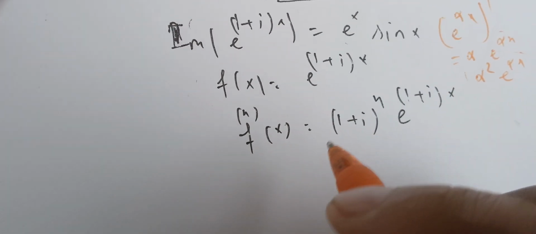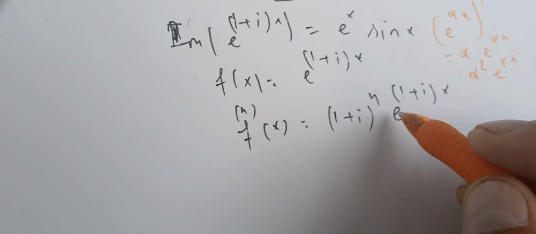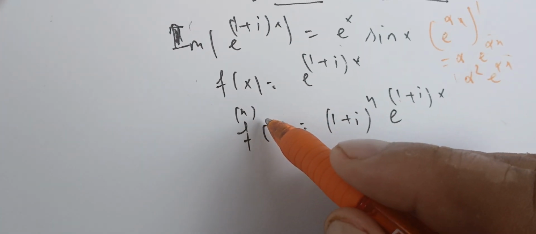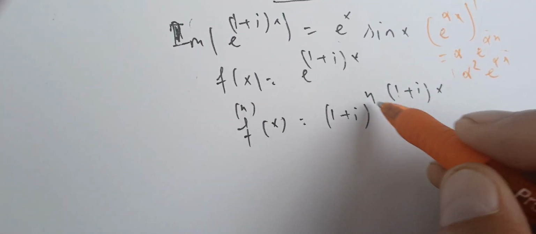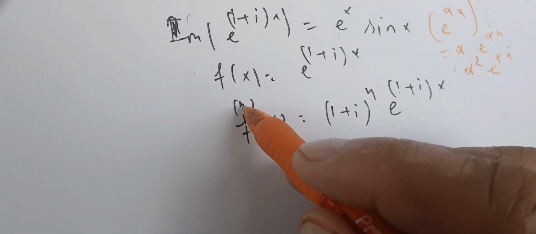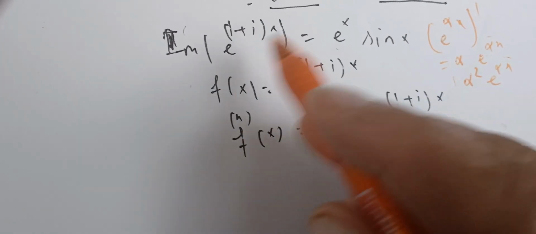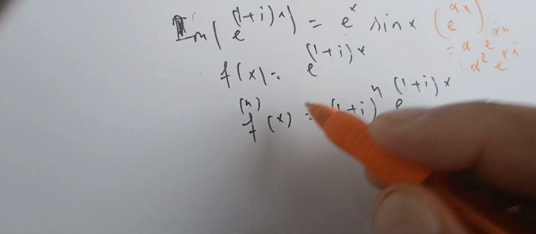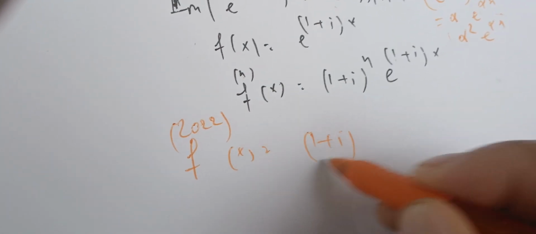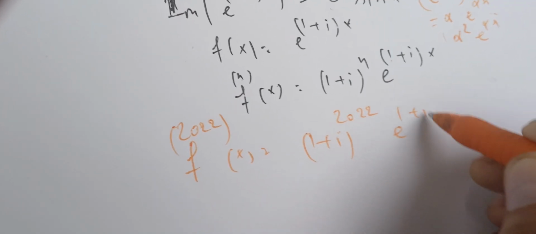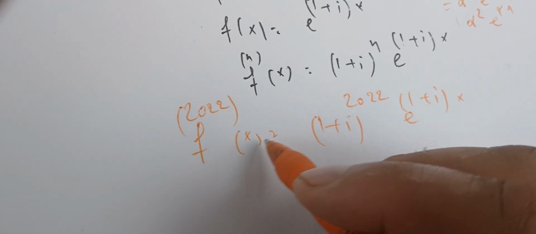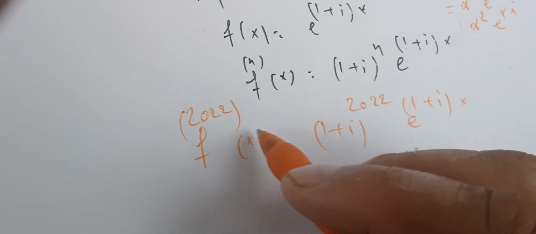Therefore, we're going to evaluate this at 0, and we take the imaginary part. For the number that we need, which is 2022, this gives that f^(2022)(x) is (1 plus i)^2022 e to the (1 plus i)x.